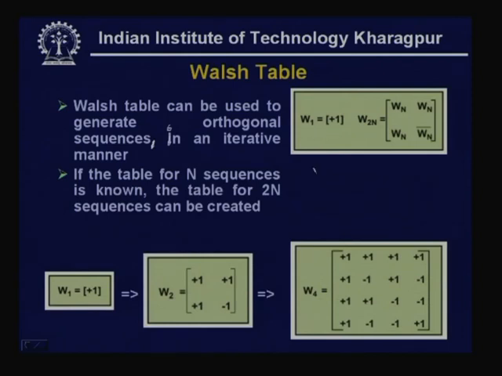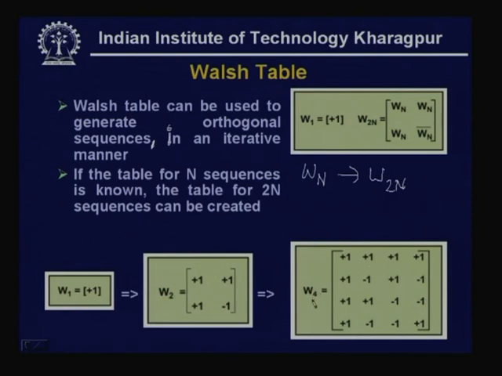If Wn can be used to generate W2n, how do you generate it? W2n is generated from Wn by putting Wn, Wn, Wn and Wn bar. For example, W1 is plus 1 and W2 is, here we have substituted W1, W1, W1 and W1 bar. That means plus 1, plus 1, plus 1 and minus 1.